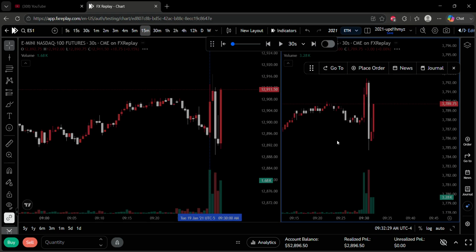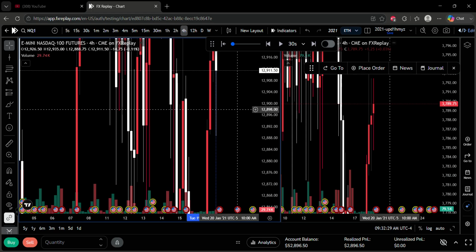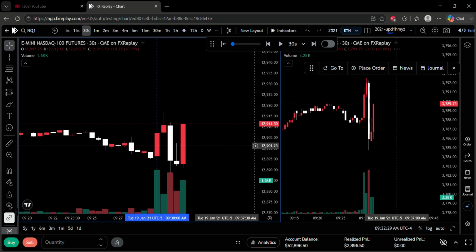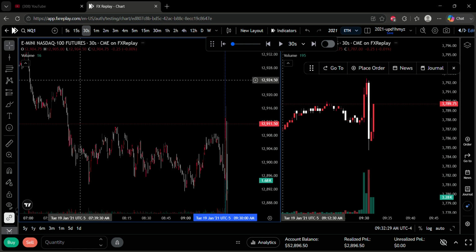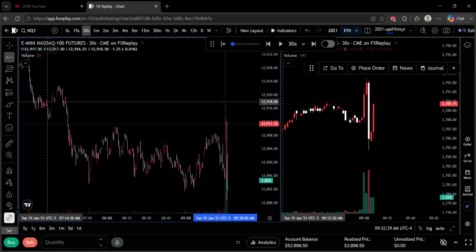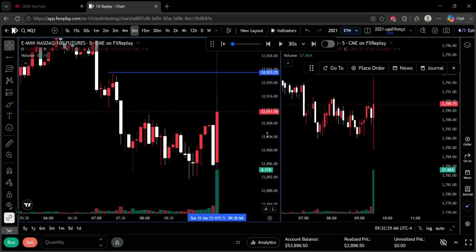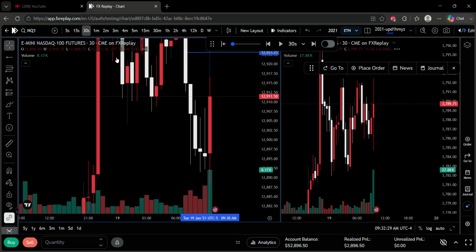Beautiful. See, ES tapped a 15-minute gap. NQ tapped a 4-hour gap. We then got a 30-second long. Structure is we have good targets here. This high, we have this high to go break even. I would also break even because that's a 30-minute gap.